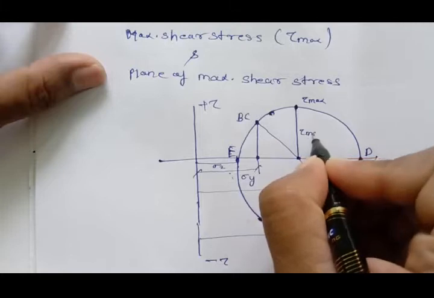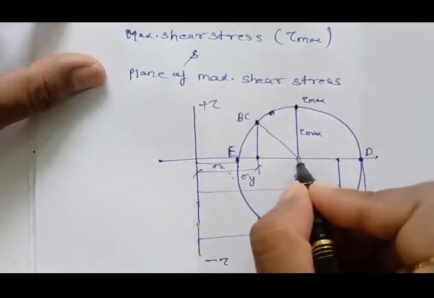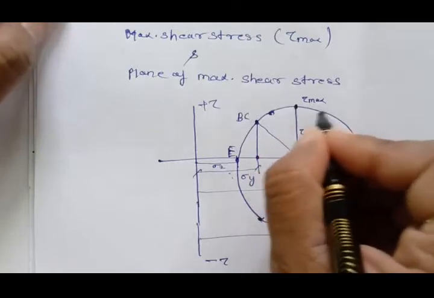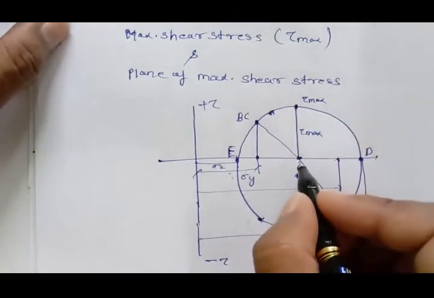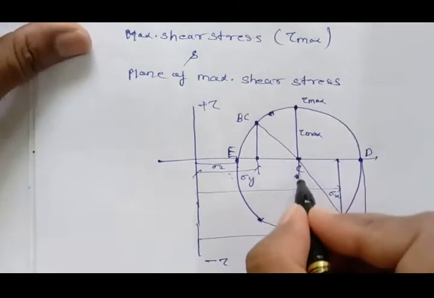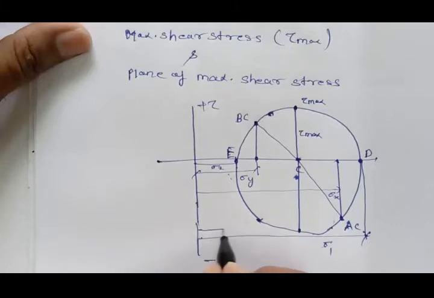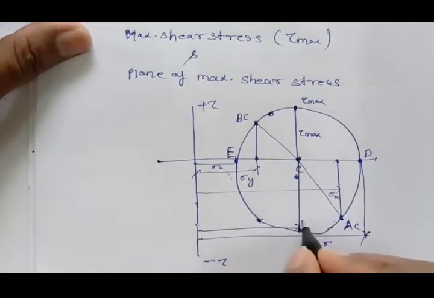Through the scale you have to measure from this to this, so you will get the tau max value. Tau max value will be on the top and bottom, in the positive plane and negative plane.